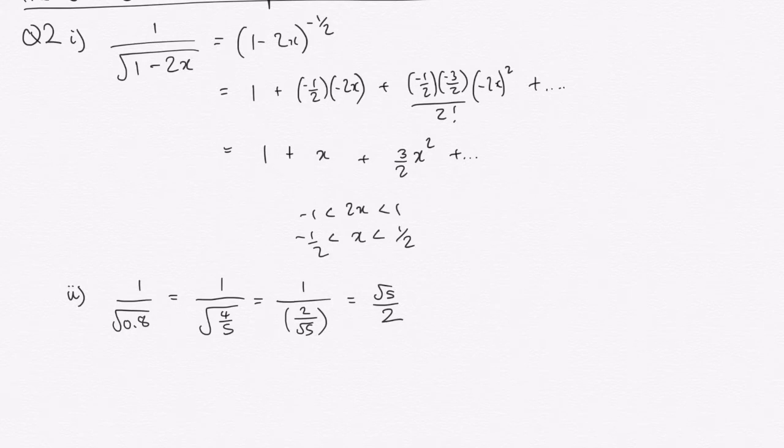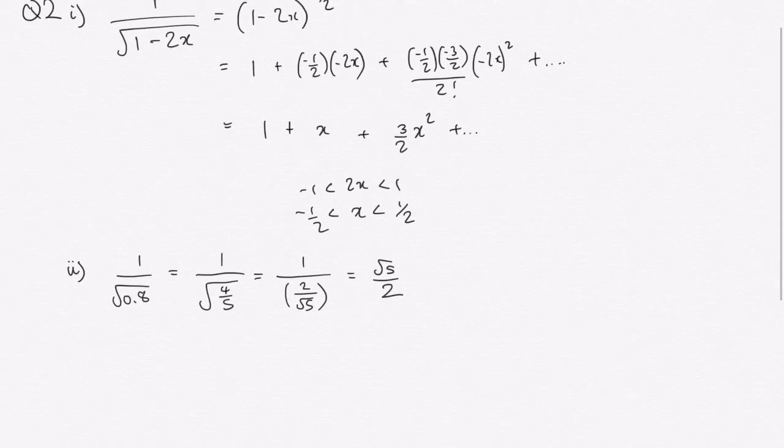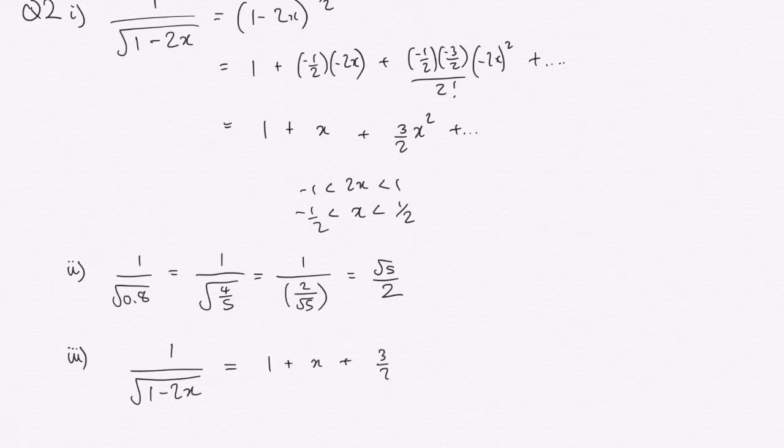In part 3, parts 1 and 2 come together, and it tells us we're going to substitute x equals 1 into our expansion from 1. Actually, I'm going to write down first the conclusion of 1. The conclusion was that 1 over the square root of 1 minus 2x is equal to 1 plus x plus 3 over 2 x squared plus the remaining terms.